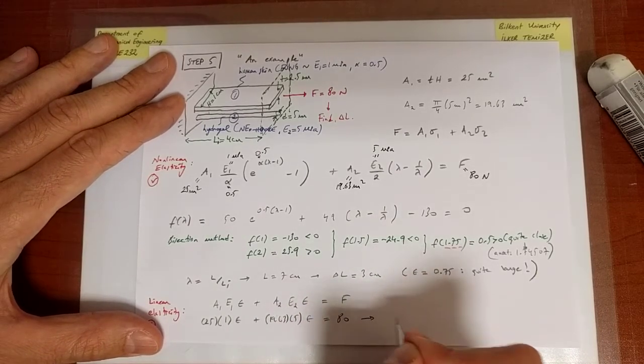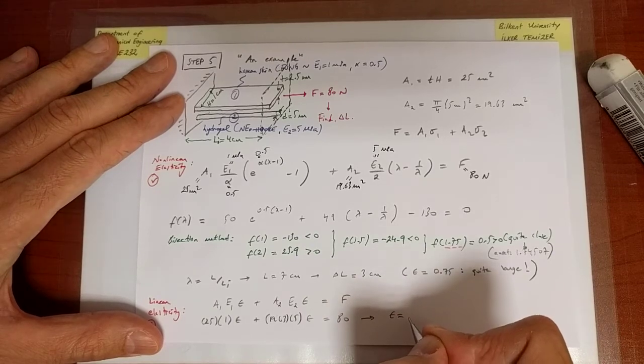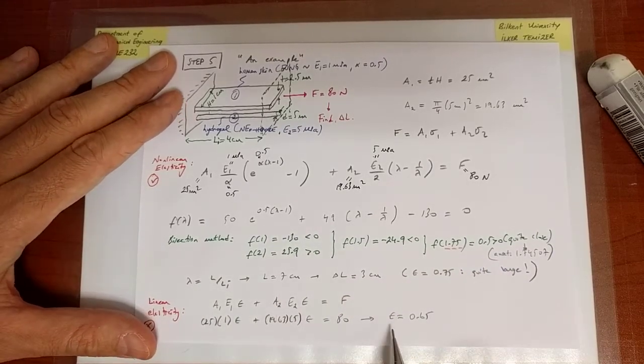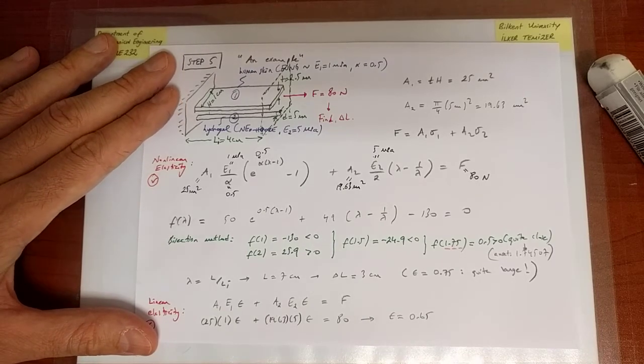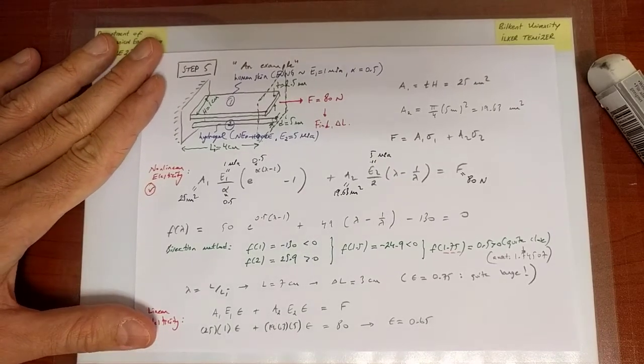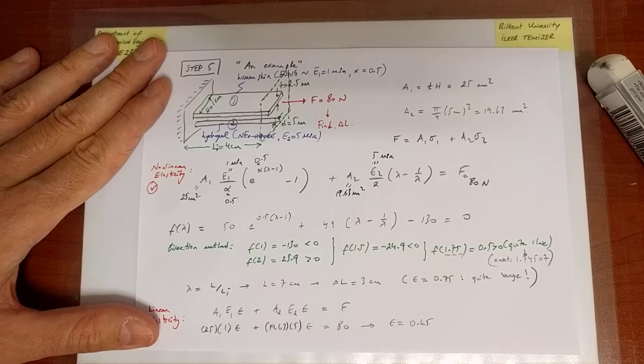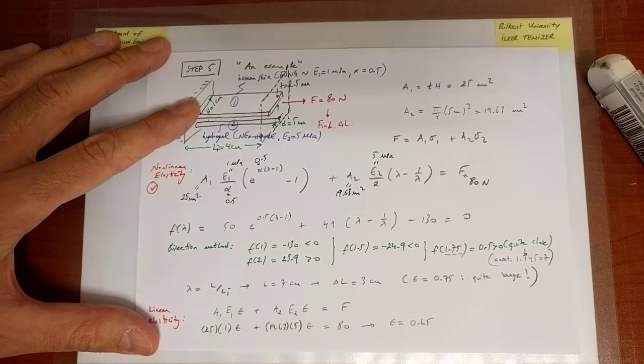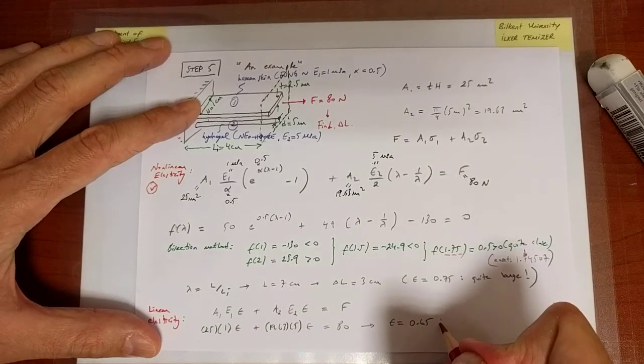You can immediately go ahead and solve for the corresponding strain, which you will find to be 0.65. Well, yes, of course you're going to predict a large strain, but the point is whether that prediction is correct or not. And you see that now we have a huge error, 0.65 versus 0.75. So this is clearly not accurate.